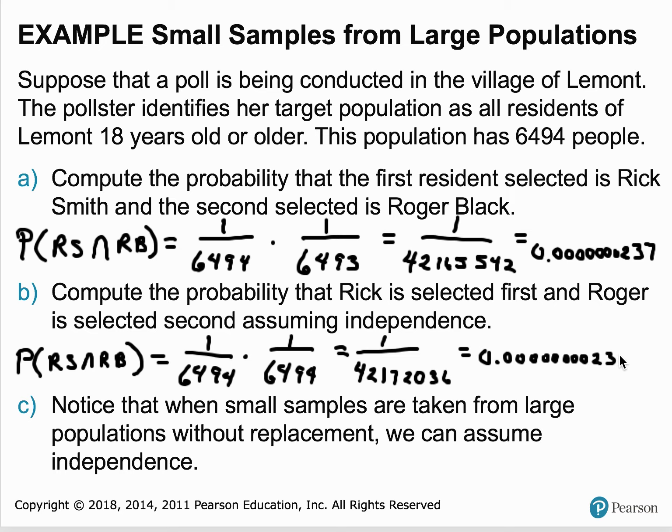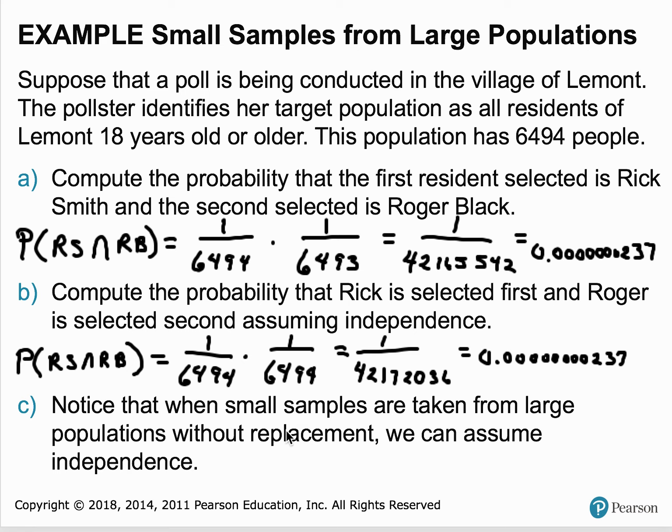2, 3, 7. Right? So on this one, if we'd expanded it out, I'd have 2, 3, 7, 3, 8, 5. This one, 2, 3, 7, 1, 2, 3. But these numbers are close enough to identical, right? We don't get a change until the 12th decimal place.